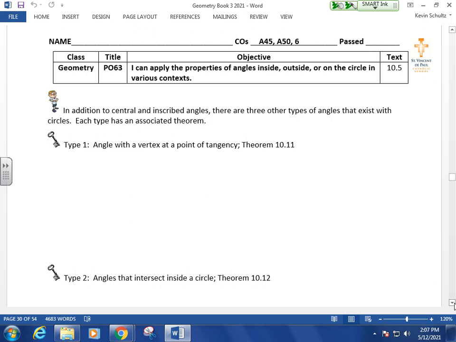The first one, type 1, is an angle with the vertex at a point of tangency. So if we remember what a tangent line is, it's a line that passes through the circle in just one spot, right? And if that one spot is the vertex of an angle, so the vertex of the angle is on the circle, we have the measure of angle 1 and the measure of angle 2 there.